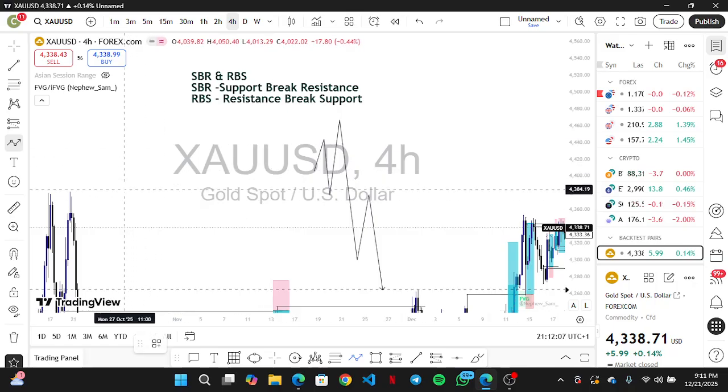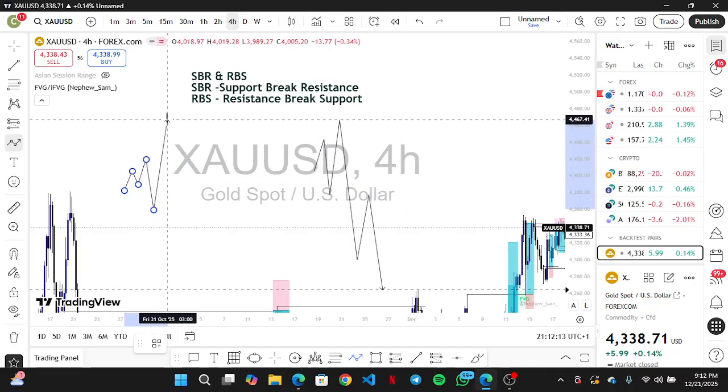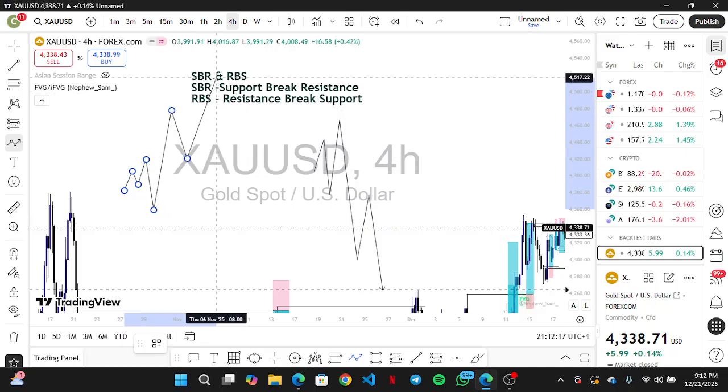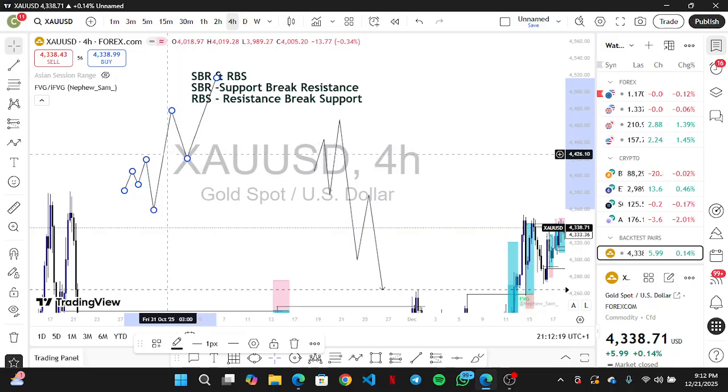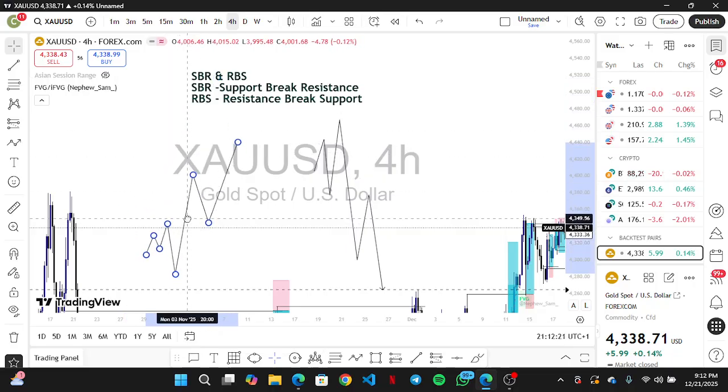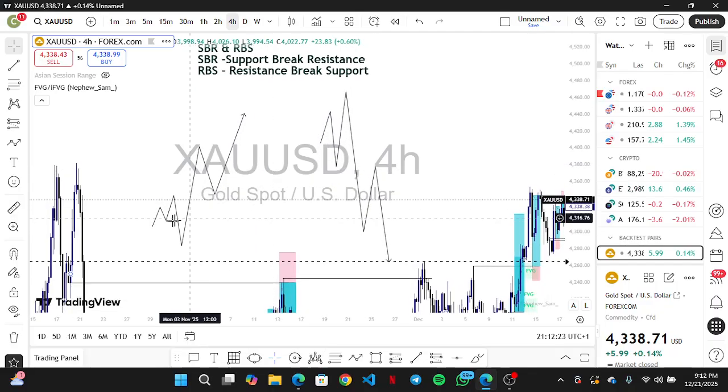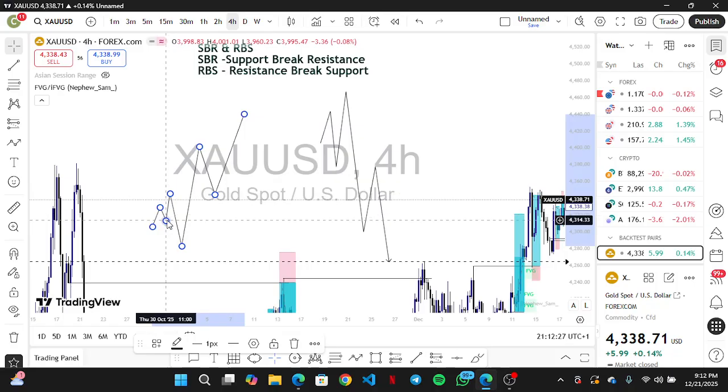Let's do something like this now. This and this. So now these are the two models. Basically all still similar. Just need to understand how they work.